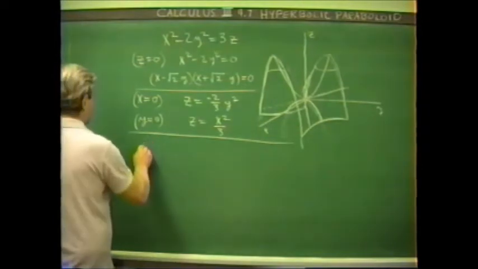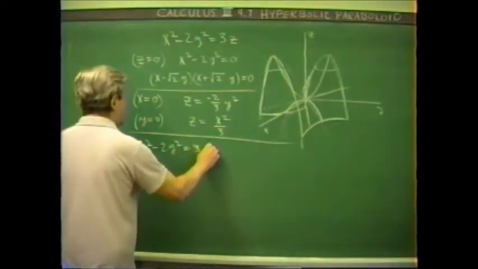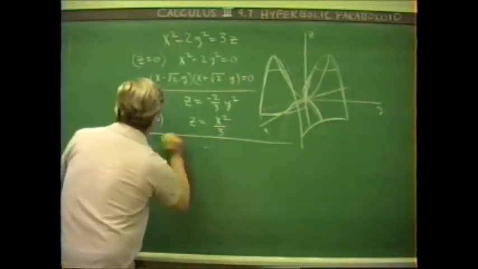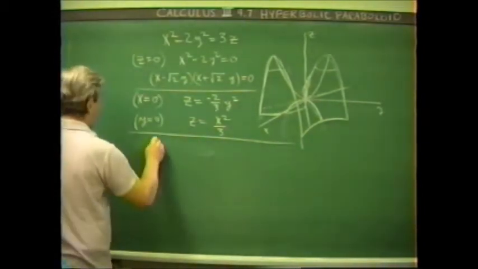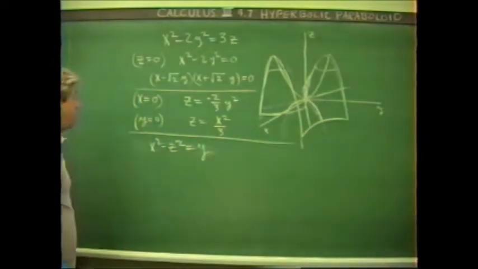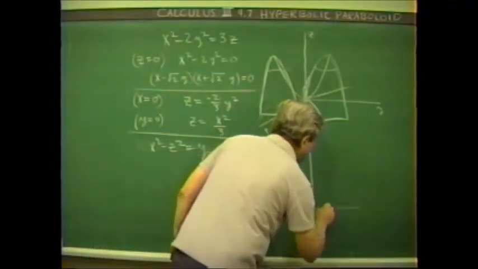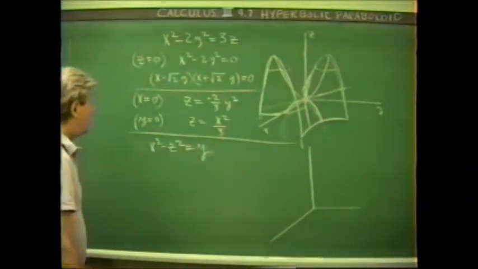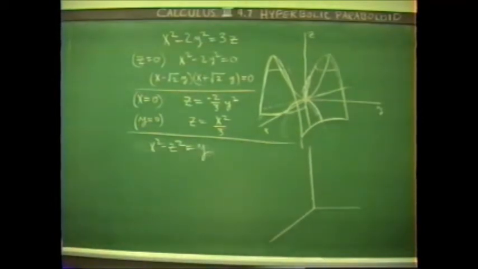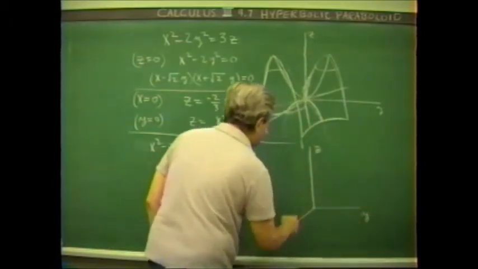Let's look at x squared minus z squared is equal to y. Now this is going to be a saddle shape that opens slightly differently. Here are the x, y, and z axes.